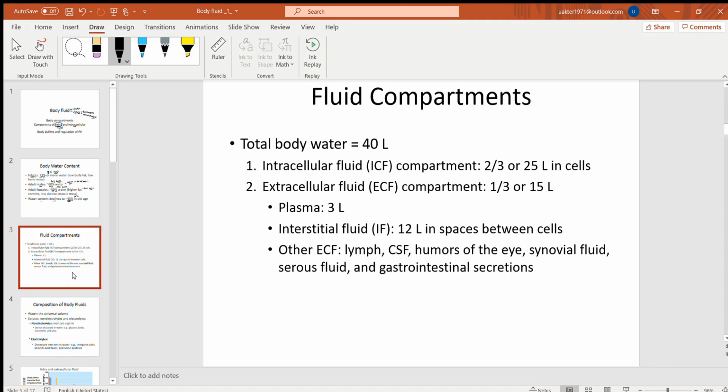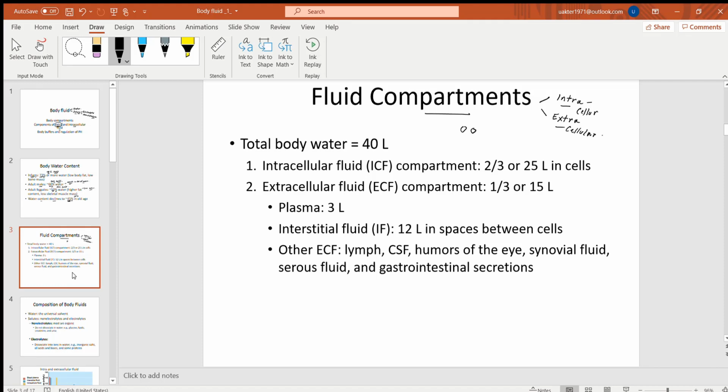Now we'll talk about the compartments. As I told you, the two compartments are intracellular and extracellular. The names of these compartments tell you what those compartments are. Intra means inside, right? Intracellular means inside the cell, and extracellular means outside of the cell.